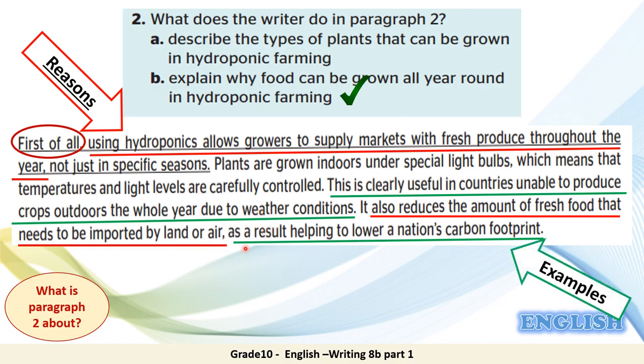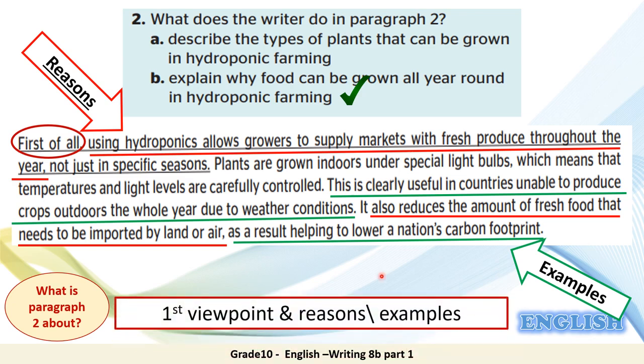So here we are giving examples. Paragraph 2 is about the first viewpoint and the reasons or the examples, because we started with listing and we gave examples. So the second paragraph, you are giving your first viewpoint and you're providing reasons or examples.